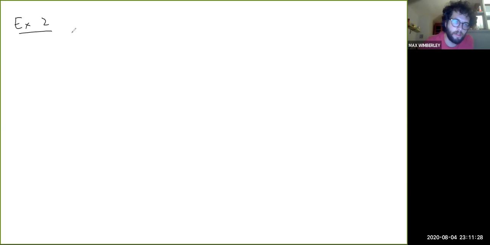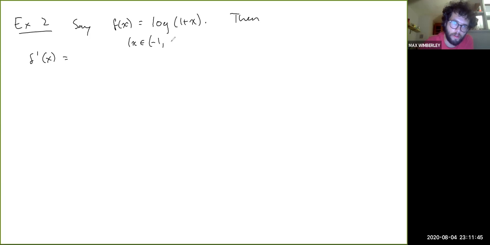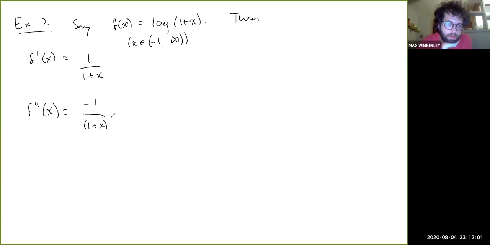So say f of x equals log of 1 plus x, for x in (-1, infinity). Then f prime of x is 1 over 1 plus x. F double prime of x is -1 over (1 plus x) squared.